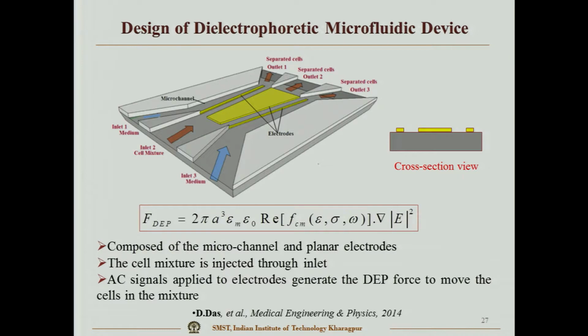What the dimension is and how much the angle will be can be calculated from this. This is the main equation, and from that you can get the length of the device and the angle to be made, so that after travelling a particular distance, the cell will be separated and I can collect it from here. Okay. So, this is the design aspect.